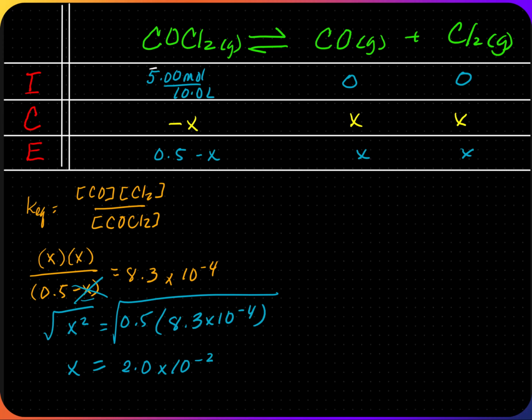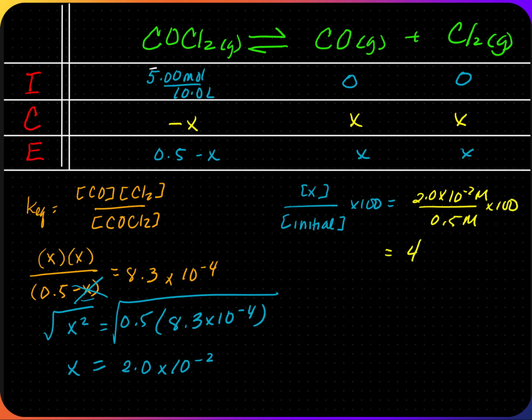The 5% rule states that the concentration of x over the initial concentration times 100 has to be less than or equal to 5. So now I'm going to plug in. x is 2.0 times 10 to the negative 2 molar. Initial concentration was 0.5 molar, times 100. This equals approximately 4%. So this is valid because it's less than 5%.